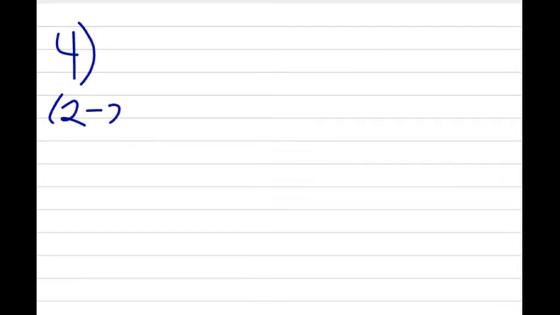So we have 2 minus 2t times 7 minus 10 plus 7t. All right.